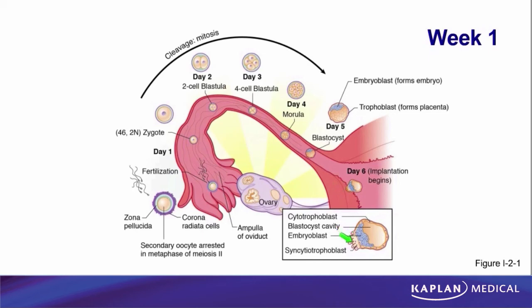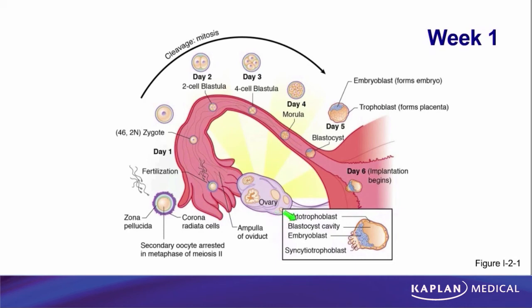Now, where are those villi coming from? What we're getting is a tremendous elaboration of trophoblastic cells, specifically a kind of trophoblastic cell called syncytiotrophoblast. So, what does that mean? Well, the trophoblast is made up of two kinds of trophoblastic cells, cytotrophoblast and syncytiotrophoblast.